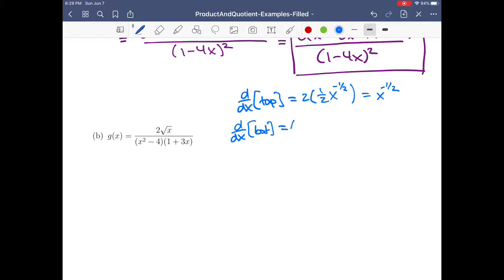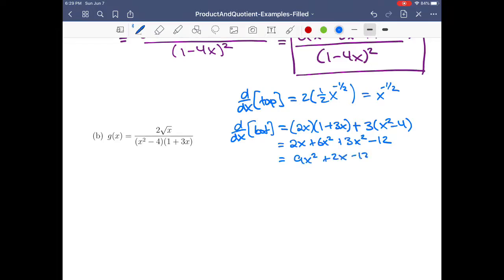The derivative of the first function is 2x times the second function, plus the derivative of the second function, which is just 3 times the first function. If I simplify, this is 2x plus 6x squared plus 3x squared minus 12. So we get 9x squared plus 2x minus 12.